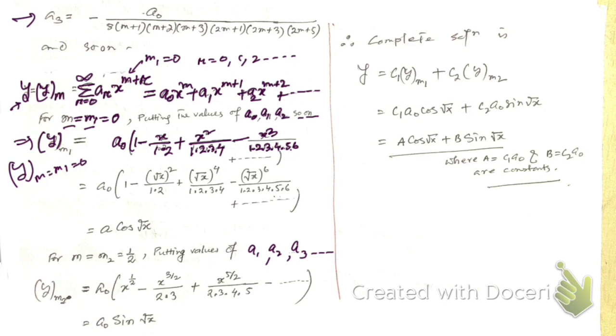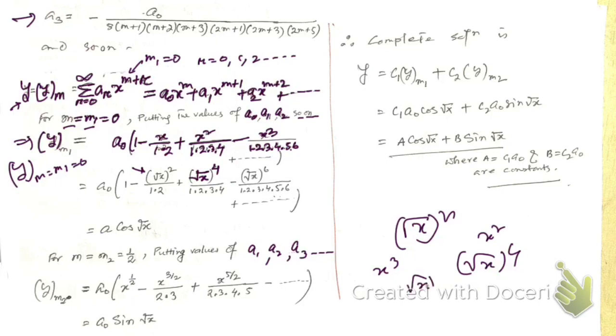So here you see this x can be written as root x whole square. Similarly x square can be written as root x to the power 4, and x cube can be written as root x to the power 6 and so on, right? So that's how we have got this series.